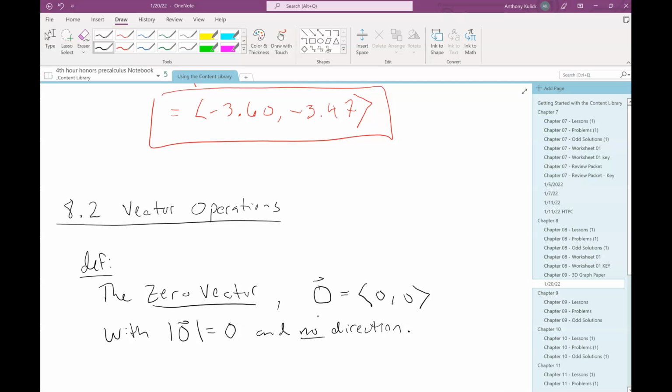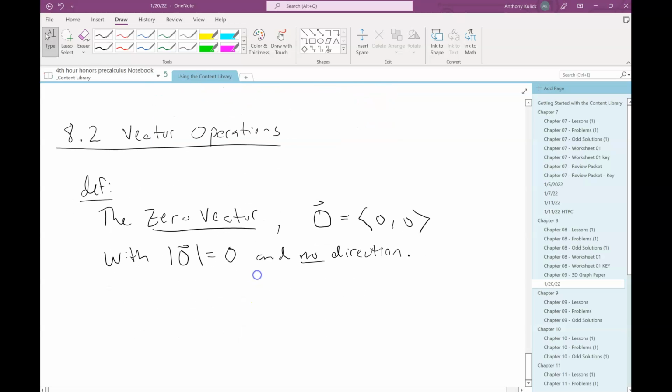The multiplicative inverse of 2 is 1/2, but the multiplicative inverse of 0 doesn't exist, because if you tried to do 1/0, that's undefined. So, not surprising that the zero vector is also a little weird. It also doesn't have an opposite. Well, it's its own opposite, but sure.